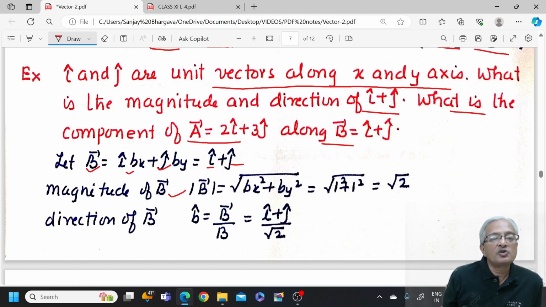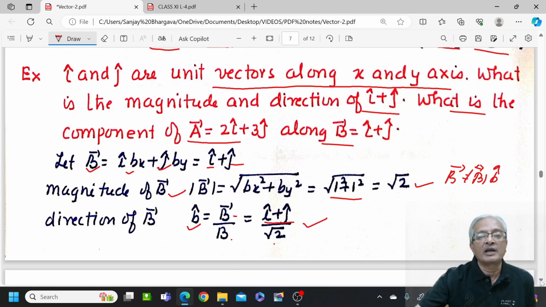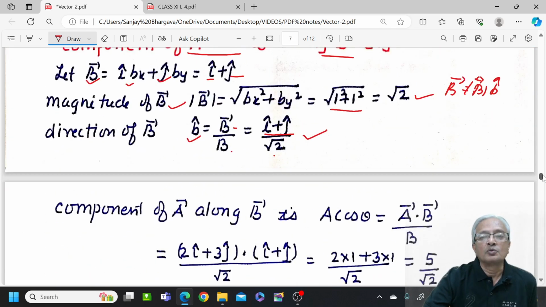So what is the magnitude of B vector? Under root of 1 square plus 1 square, that is root 2. The direction of B vector: every vector can be written in terms of magnitude and its direction. So direction B cap would be equal to B vector upon B, that is i cap plus j cap upon root 2. This defines the direction of B vector. And the magnitude of it is equal to root 2.